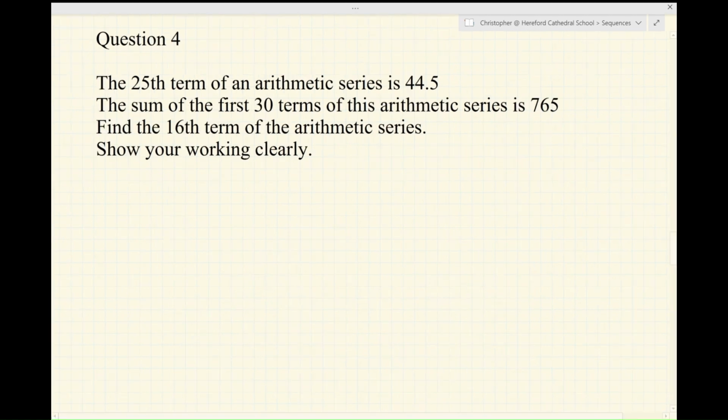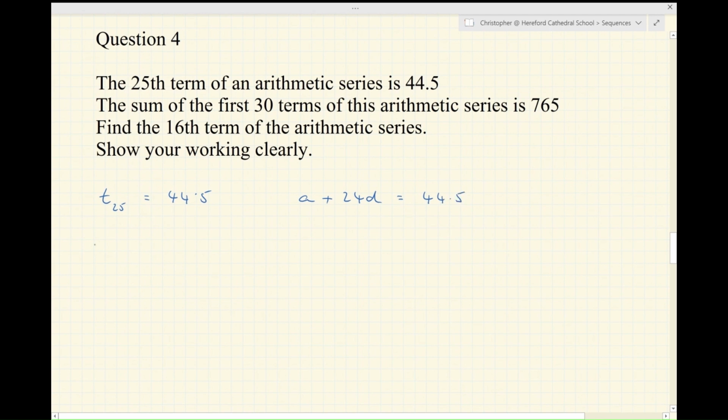Now we know that the 25th term is 44.5. So that tells me that a plus 24 differences is 44.5. Let's come back to that in a moment.